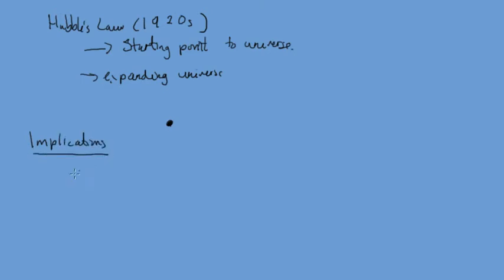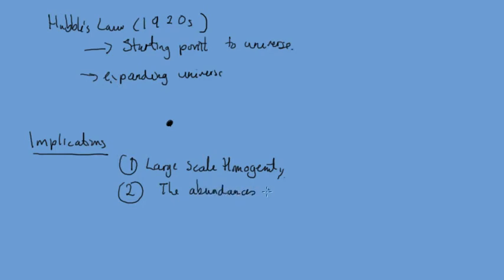And that brings us to some implications of this. I'll list these implications and then we'll go through them one by one. The first one is large scale homogeneity. The second one is the abundances of light elements.